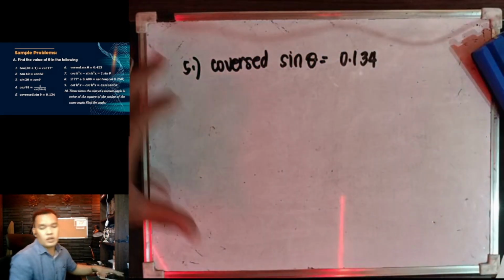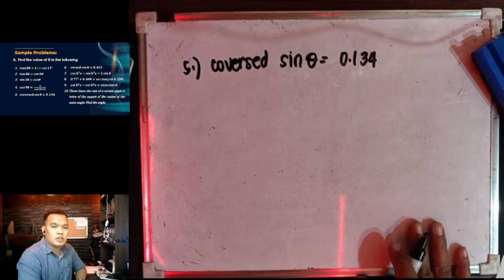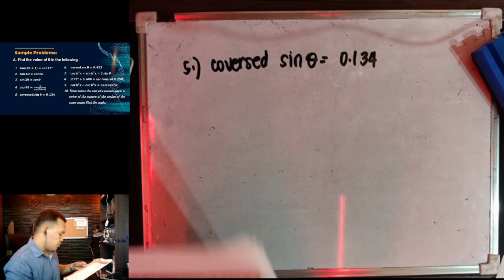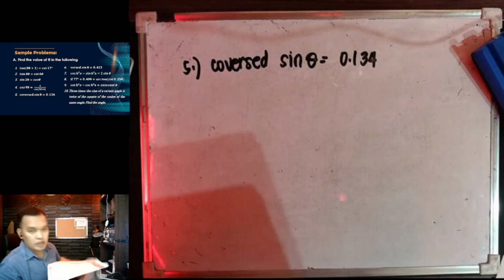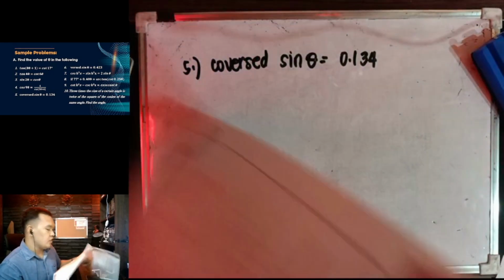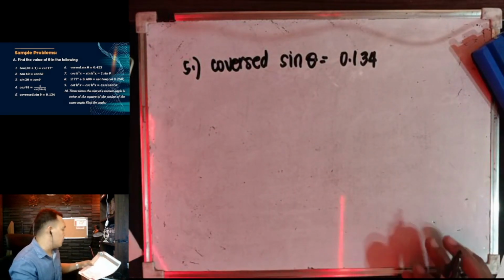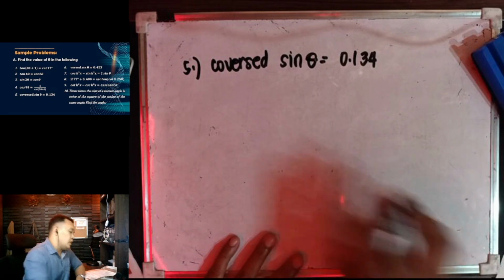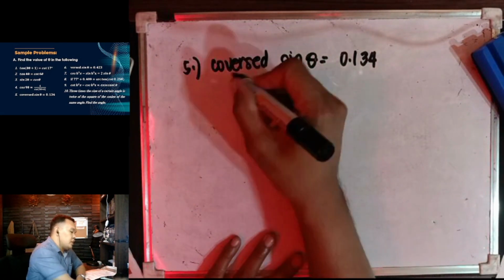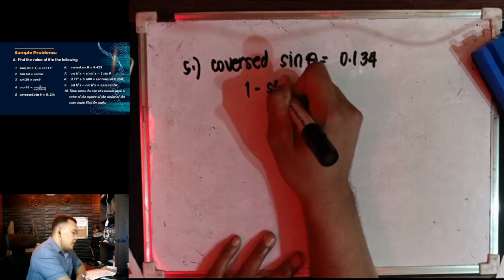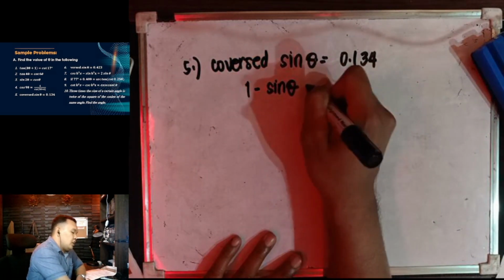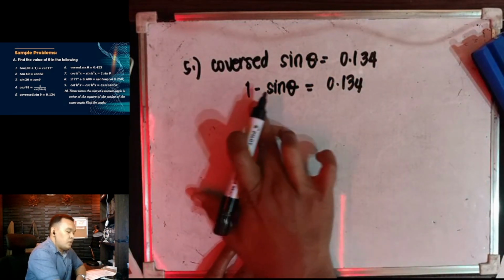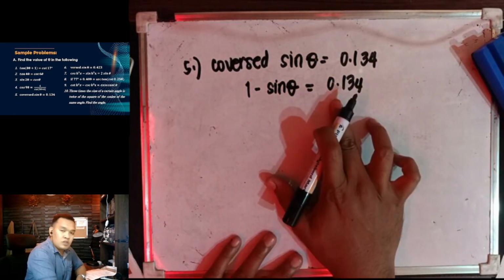If you will be looking dun sa ating formulas na prinint kanina, covers sine theta, dito, may sample, may printed akong, hindi ko rin naman kasi kabisado yan lahat. So, kapag sinabing covers sine theta is equivalent kay 1 minus sine theta. So, the value of covers sine theta is equivalent kay 1 minus sine theta equals 0.134. Okay.